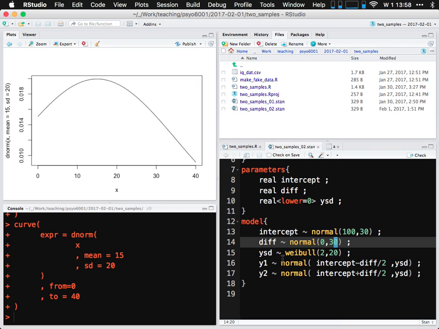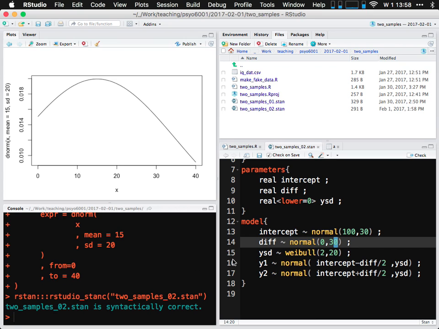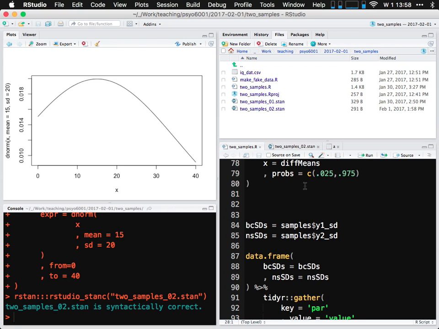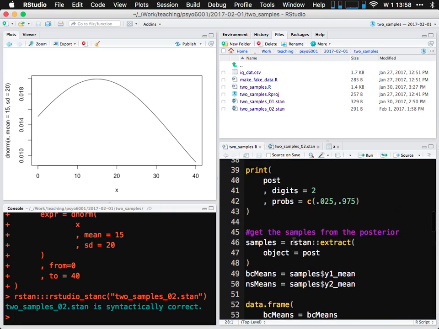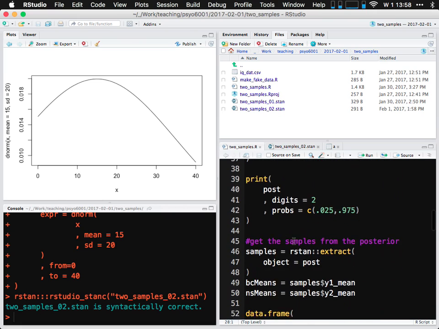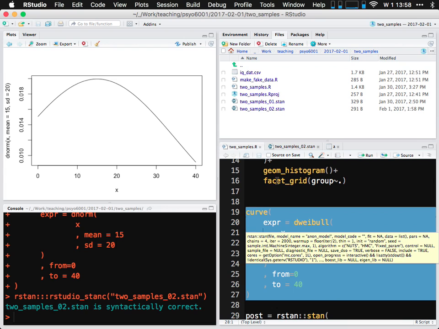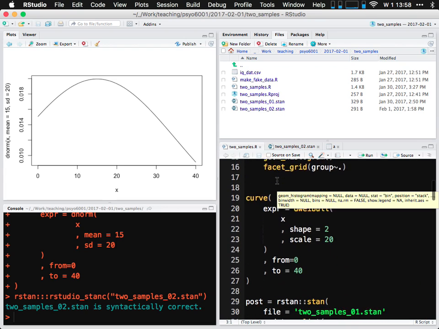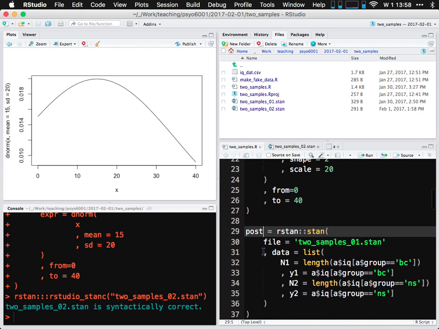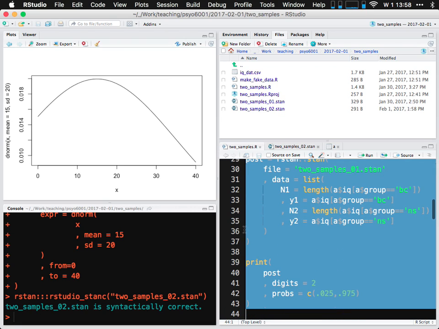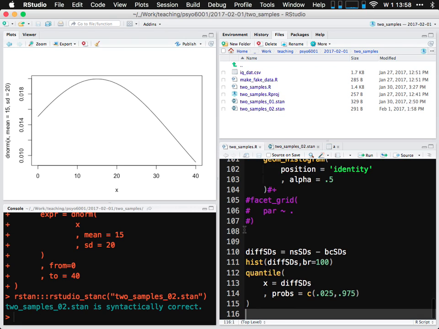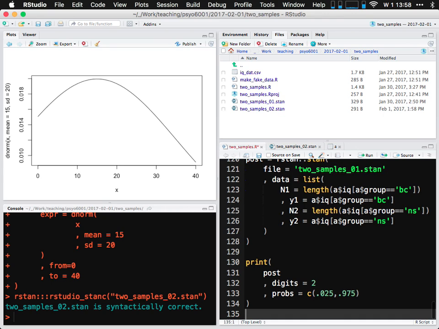All right, so I'm going to click that check on save. I'll click save, and it tells me it is syntactically correct. So I'm going to go back to my 2 samples bit, and I have to go all the way up to here. I'll copy this little bit, go to the bottom, and paste.